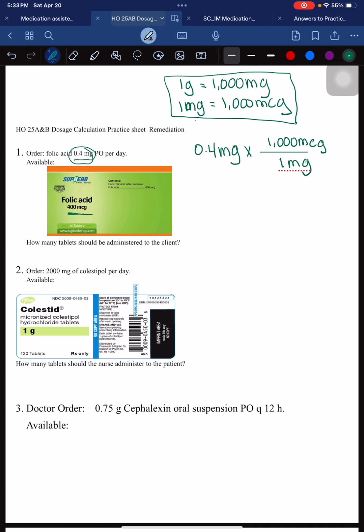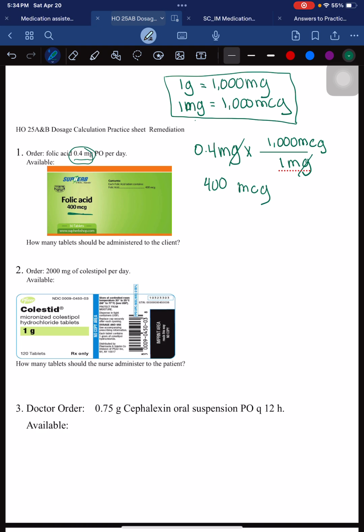You just cross multiply and divide. 0.4 multiplied by 1,000, you would get 400 mcg.